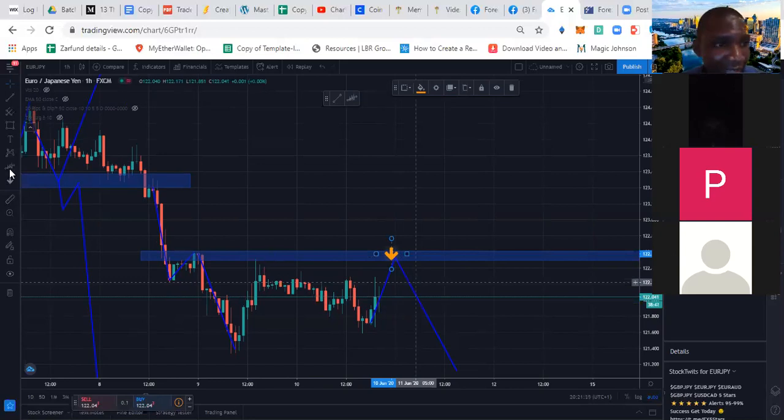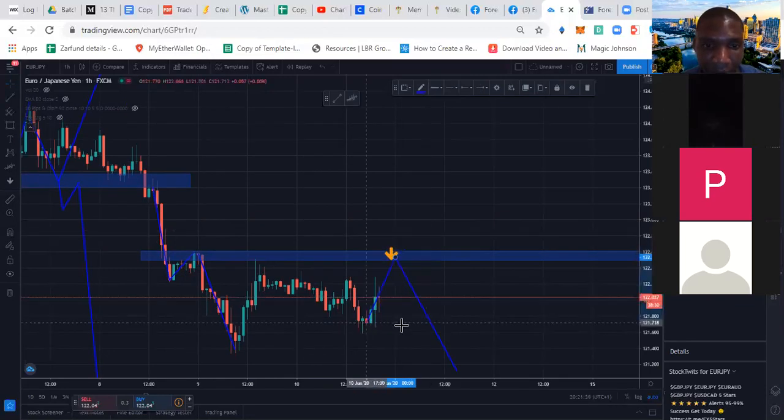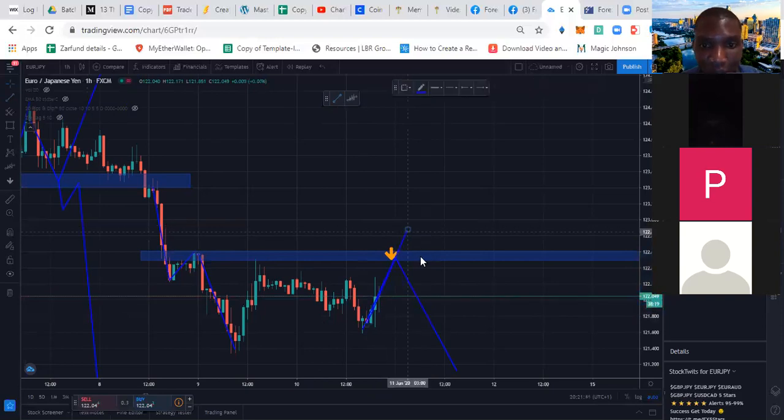But then in the market, you may not know what's going to happen. So in that case, we are also going to consider what could happen, which means that we could see a break like this. Which means that we could see price break above like this, retest the zone, retest that structure, which means it pulled back to that structure, then it will now buy.